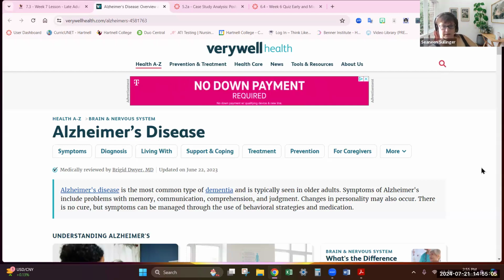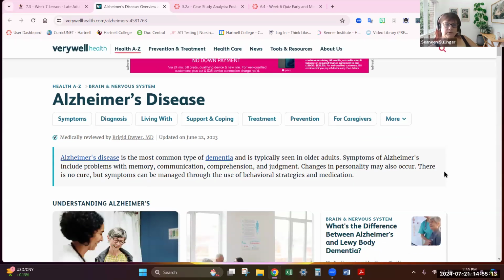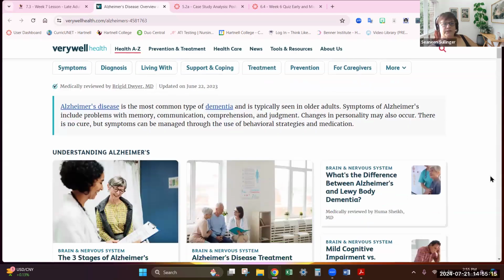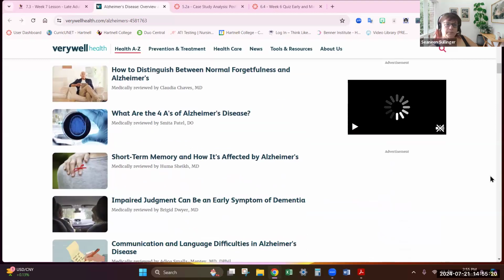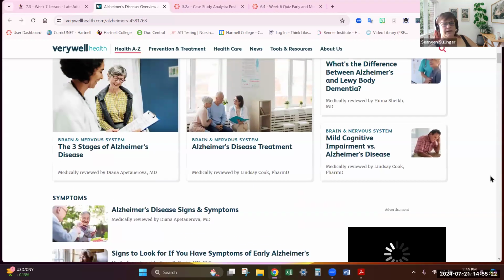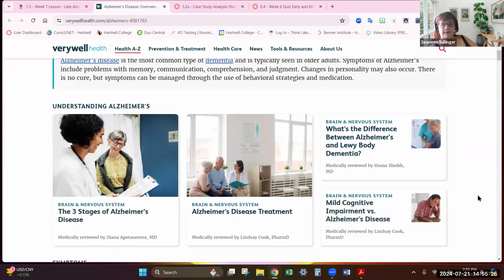There are different types of dementias: Lewy body, for example, frontal lobe dementia, for example. And there are different stages of Alzheimer's disease, understanding it. There's all different information here that you can look up if you have questions about it. There's early, middle, and late stages where different things happen.